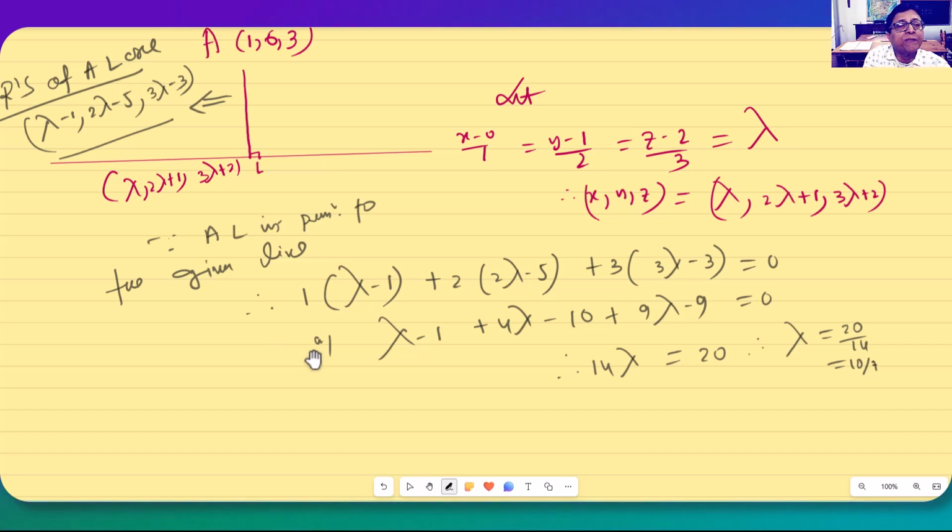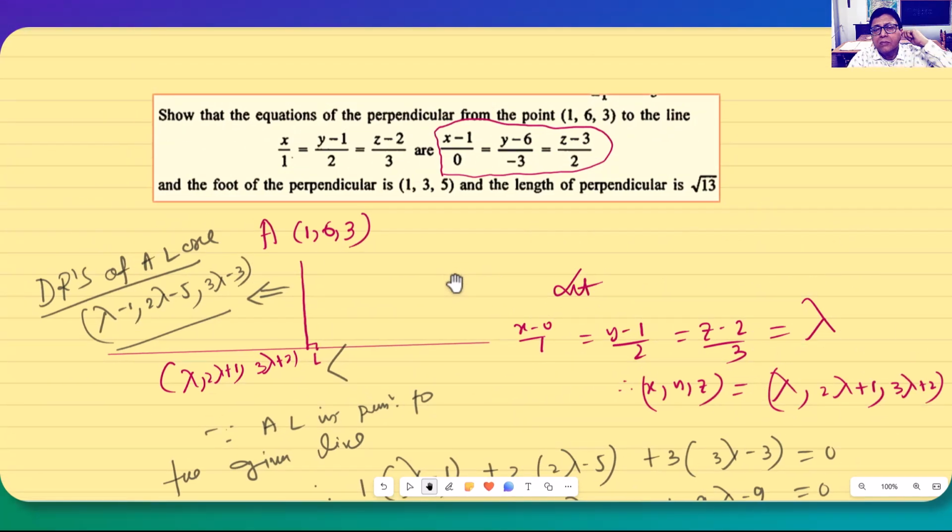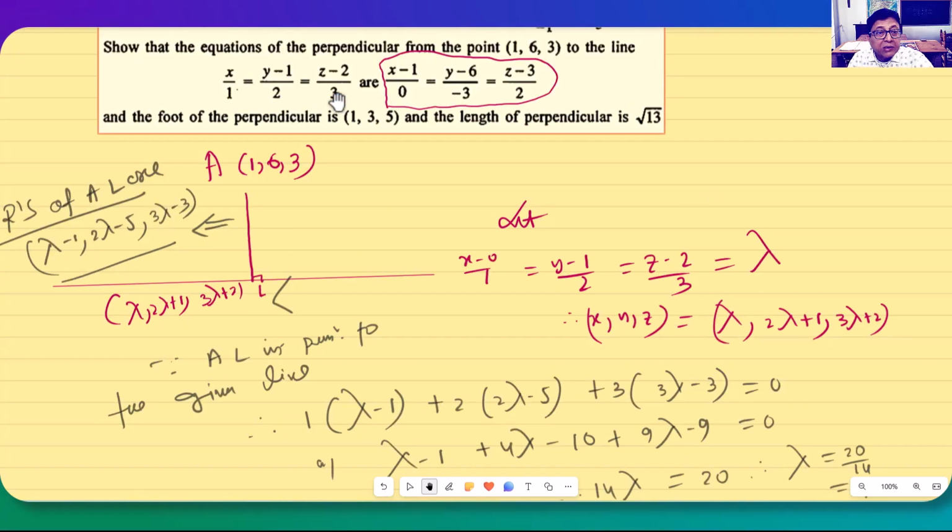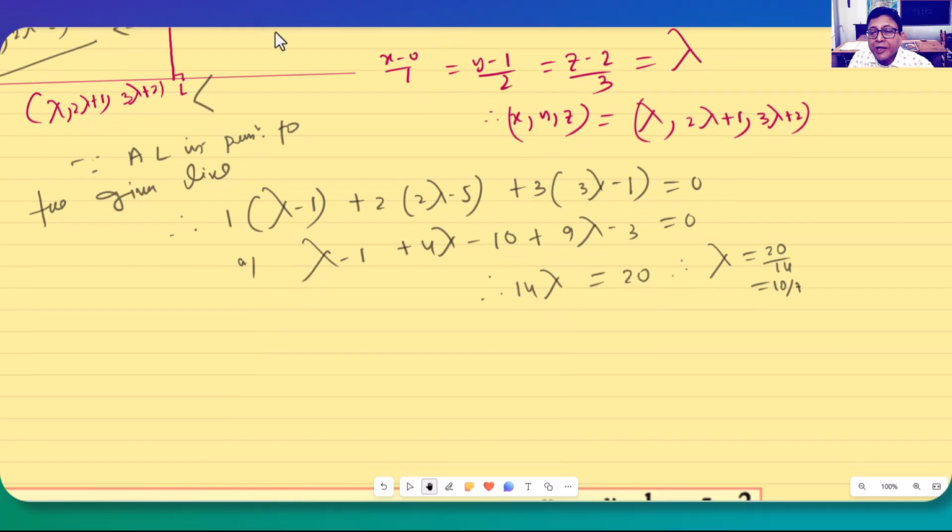You just put the value of lambda over there. You got the value of lambda equal to 1.